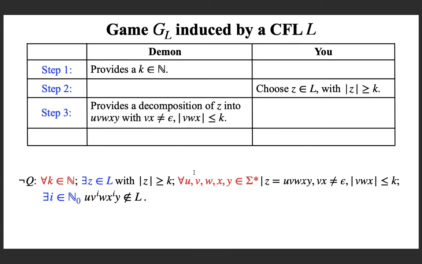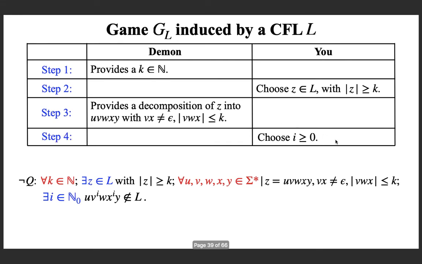The demon needs to break the string z into five substrings such that these two conditions are satisfied. That is, the concatenation of v and x should not give epsilon, and the length of the string vwx must be less than or equal to k. These are the only conditions that the decomposition should satisfy, otherwise any decomposition.